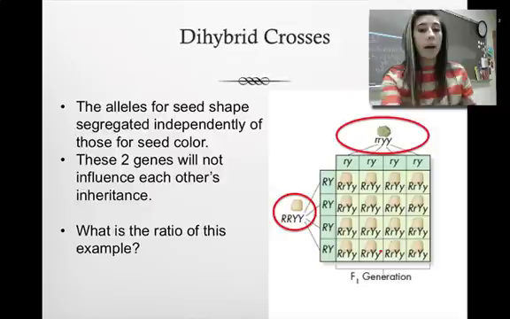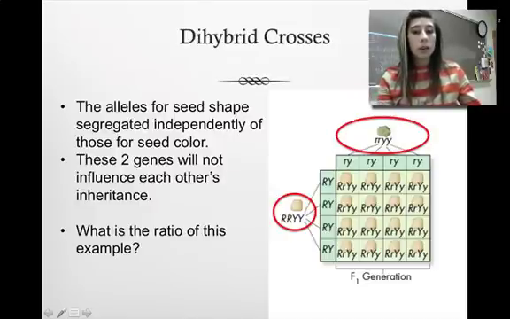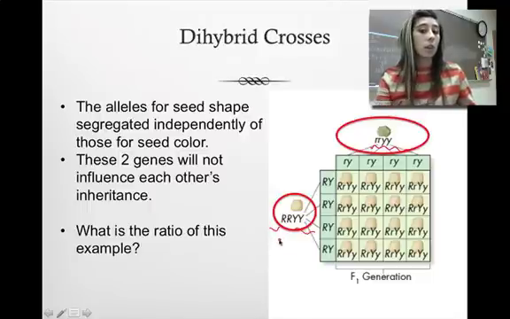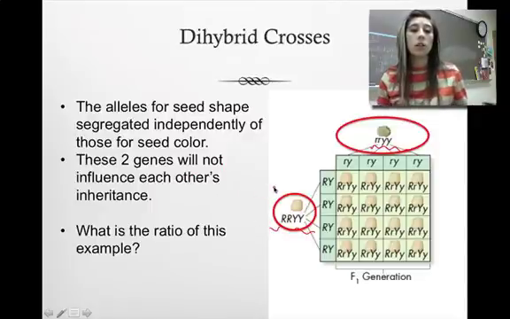Here we have the green and wrinkled, that's our homozygous recessive, and we have round and yellow, those are going to be our homozygous dominant. So these 2 genes are actually not going to influence the inheritance of each other.